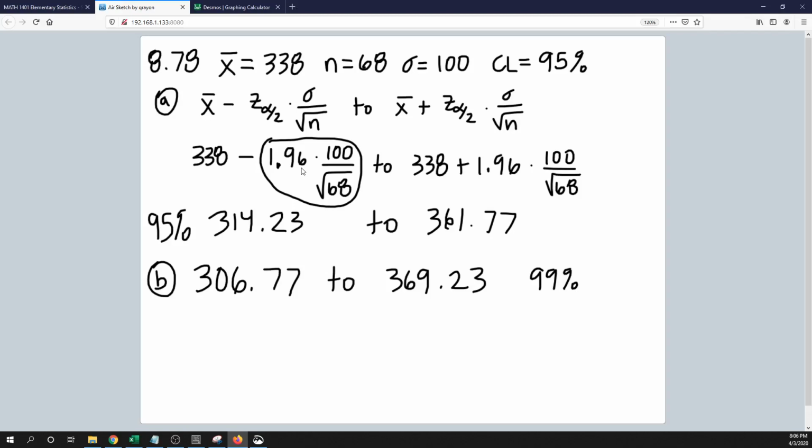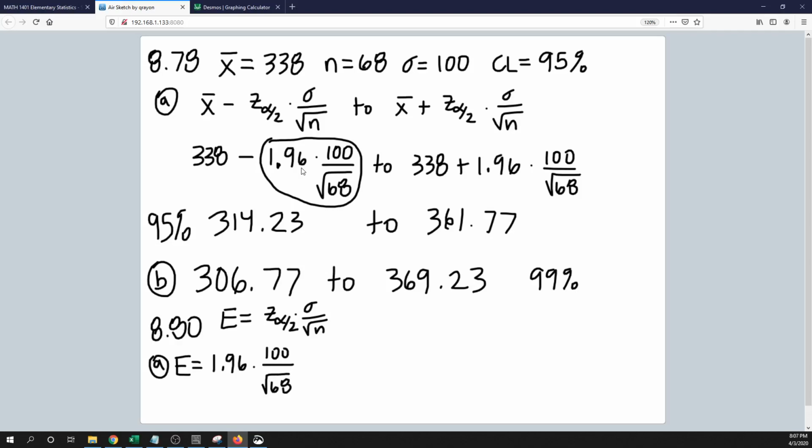The formula for the margin of error, this is 880, right, for part A. The formula for the margin of error, E, is Z of alpha over 2 times sigma divided by the square root of n, the multiplication of those two. So for part A, the margin of error is going to be 1.96 times 100 divided by the square root of 68.